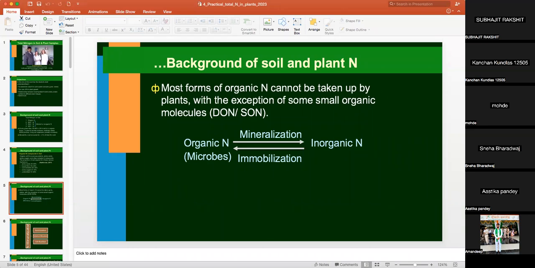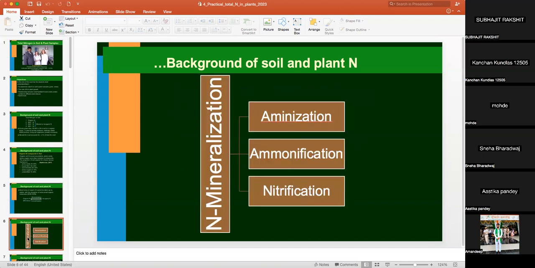Whenever you calculate mineral nitrogen or inorganic nitrogen, it is always ammoniacal and nitrate nitrogen. Nitrite nitrogen is generally not included. So the steps she told are the right steps, and that is mineralization. Mineralization means aminization, ammonification, and nitrification.